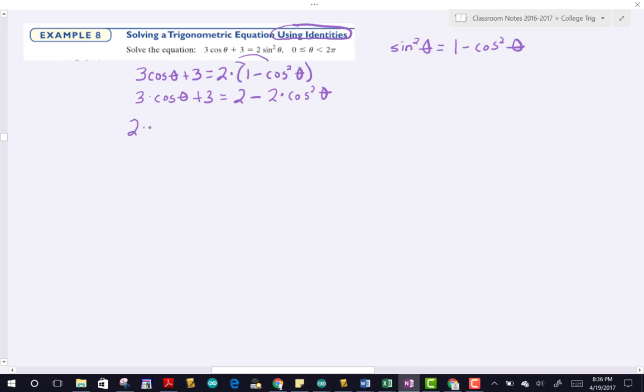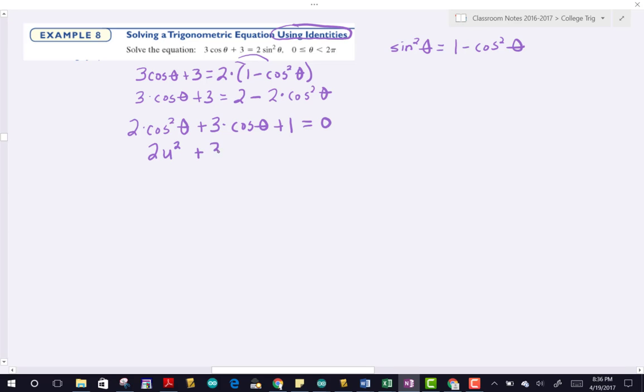So if I bring that over to the left, I've got 2 times cosine squared of theta plus 3 times the cosine of theta plus 1 equals 0. So I could use u substitution again.